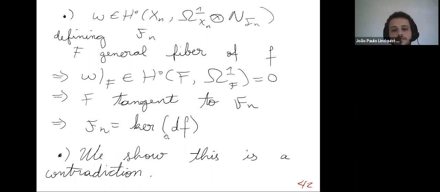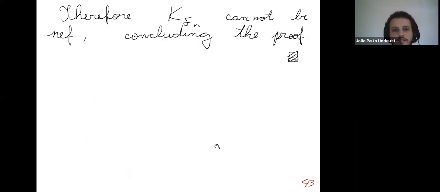For this, we use the classification of the steps of the MMP by Mori and use the characterization of the nef reduction, and we can arrive at a contradiction. So K_{F_n} cannot be nef. In other words, we end up with a Mori fiber space and we finish the result.